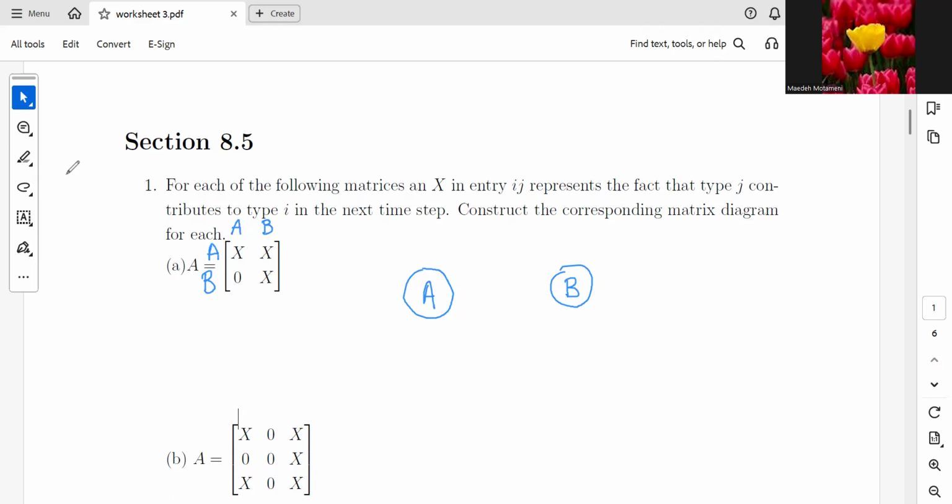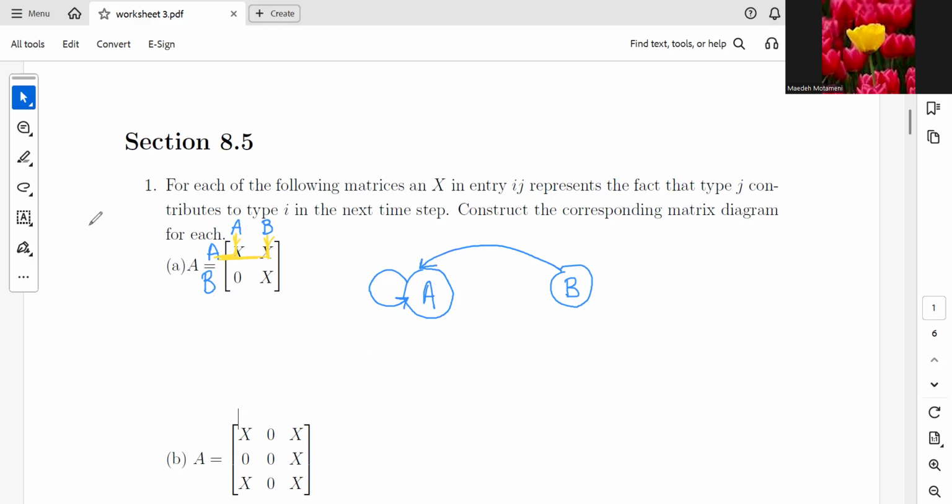So how can we connect them? We would start with A and B that are here. When we have X, it means that there is a relation between A and A in this case. So you would have an arrow from A to A. For the next one, there is a relation between B and A, so you would draw an arrow starting B, ending A, like this.